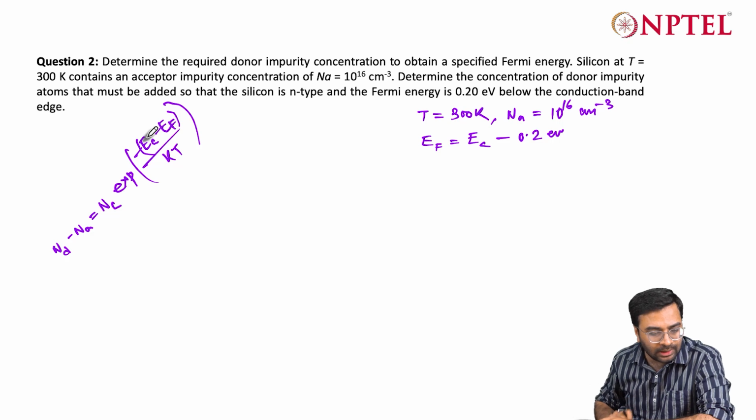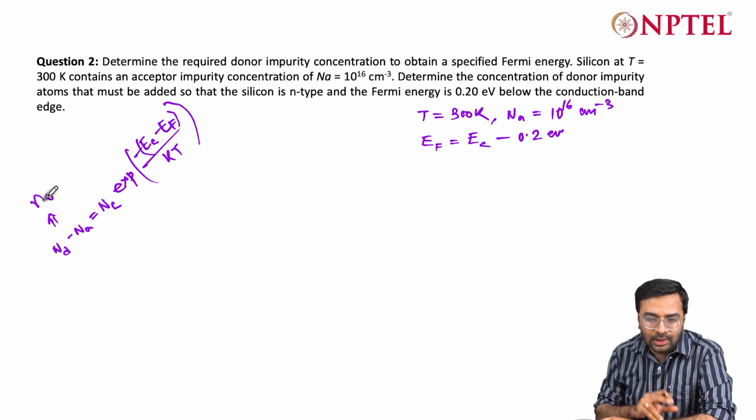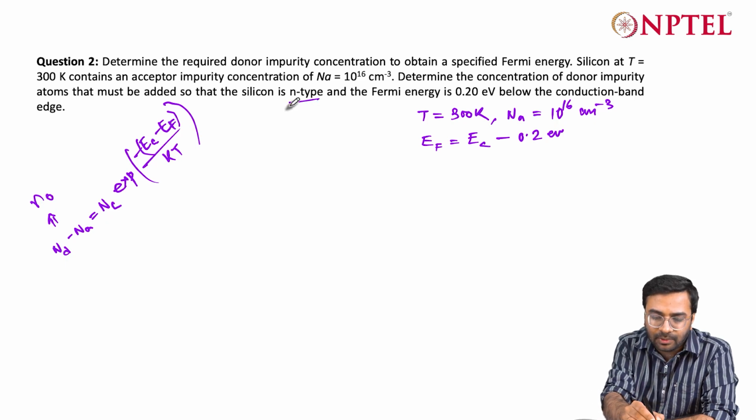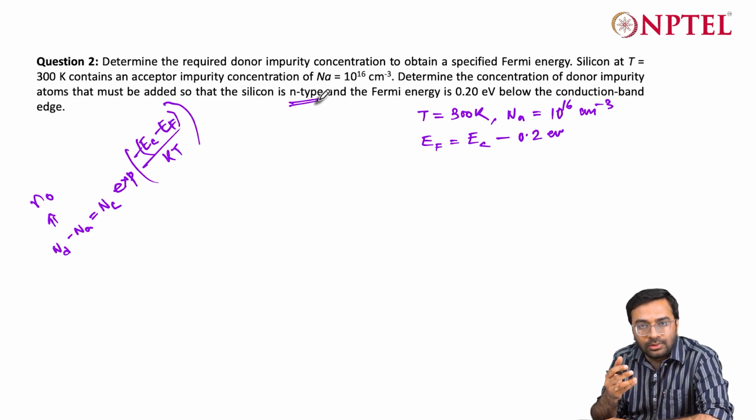Now, let us go there. This is basically the equilibrium concentration of electron. Now, in this case you look at this, because this particular semiconductor or the silicon block has to be N-type, your donor atoms should be higher, the concentration of donor ions has to be higher compared to the acceptor ion.